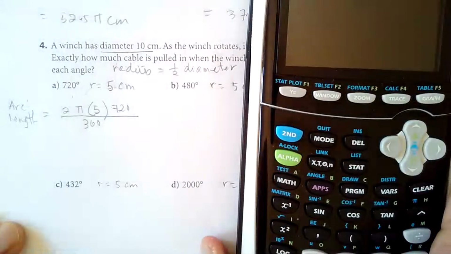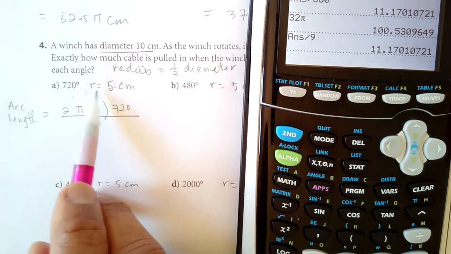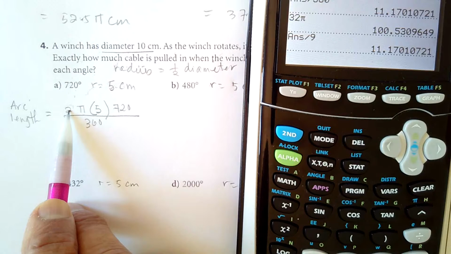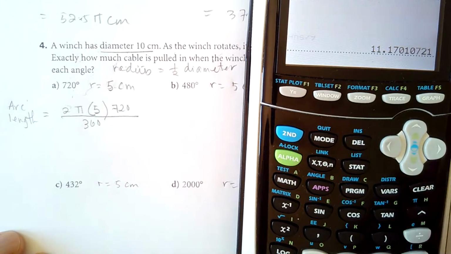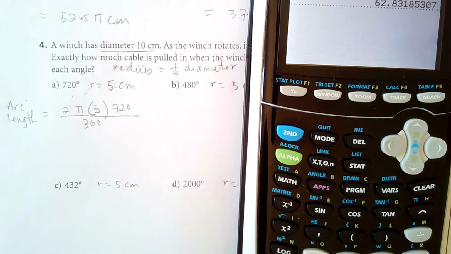So let's see what that comes out to be. By the way, if you didn't use the radius but used the diameter, you have to remove the 2. So let's see what we get here. 2 times pi times 5 times 720 divided by 360 gives me a measurement of 62.83. That'll be centimeters.